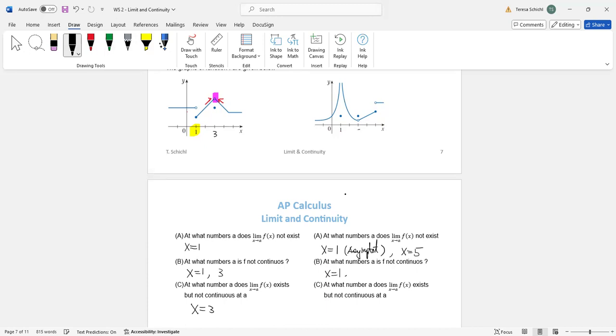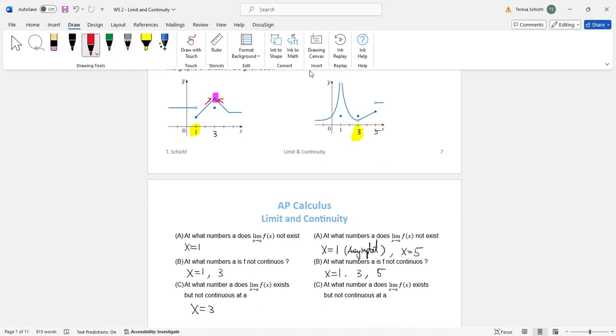So this is 1, 2, 3, 5. So 3 is not continuous, and the 5 is not continuous. So let's see, what number has a limit that exists but is not continuous? This is 1, right?